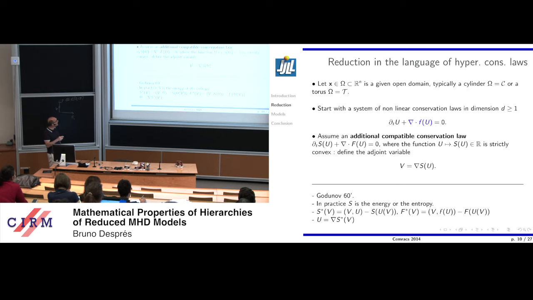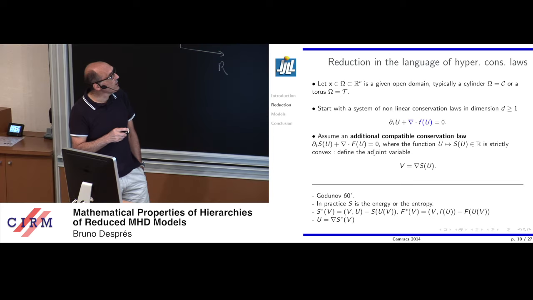Actually, it's known since Godunov. This is the Godunov trick, Godunov introduced that. You can manipulate the Legendre transform of the closure functional. If you know V, you can compute the Legendre transform.